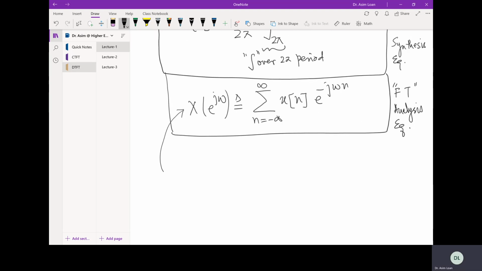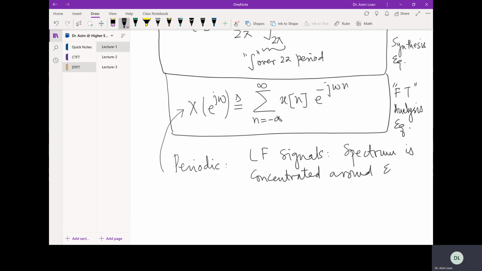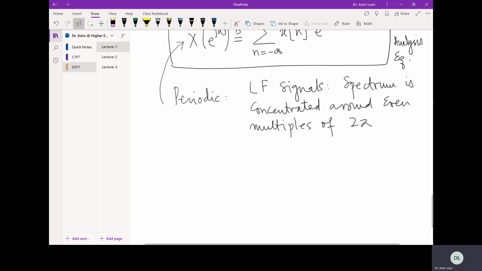This is periodic. For low frequency signals, the spectrum is concentrated around even multiples of 2 pi, which means a low frequency signal is going to look like this.